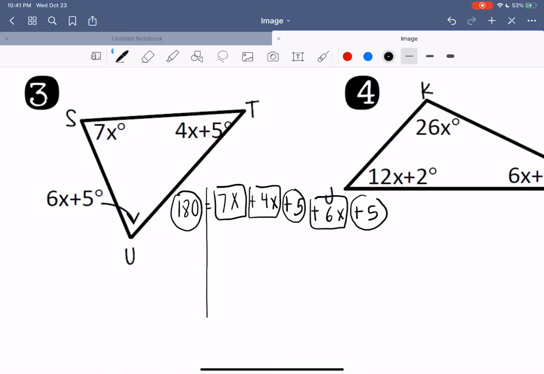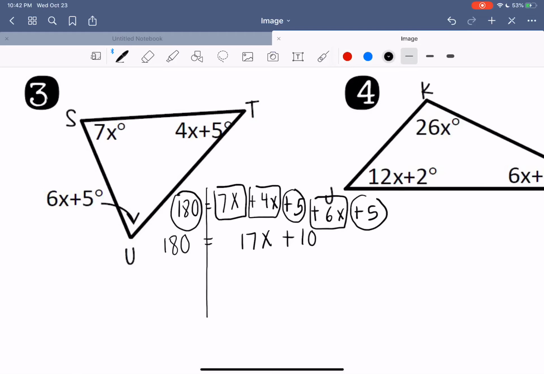So 7x plus 4x plus 6x is going to be 17x. And then we have 5 plus 5, which is 10. And this equals 180. So from here, it's a lot cleaner.